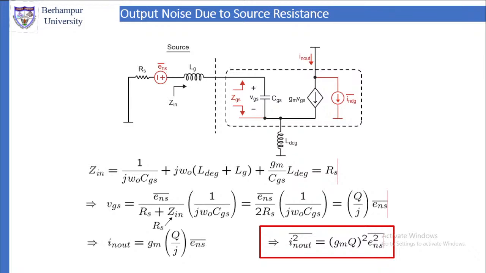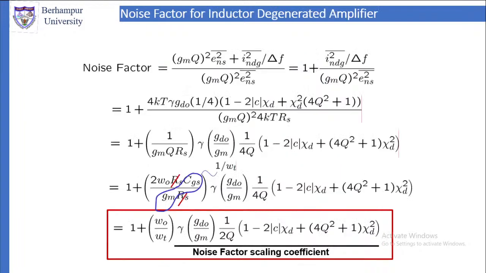That implies that the variance of the output noise current is equal to (gm Q) squared, and that into the variance of the source noise. Now we can find out the noise factor. We have seen the definition, and we have derived this expression for noise factor.